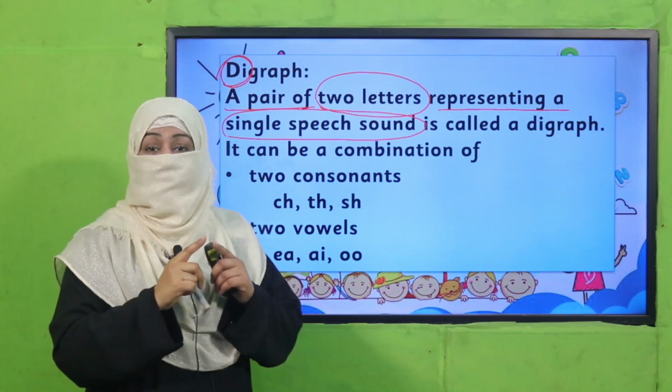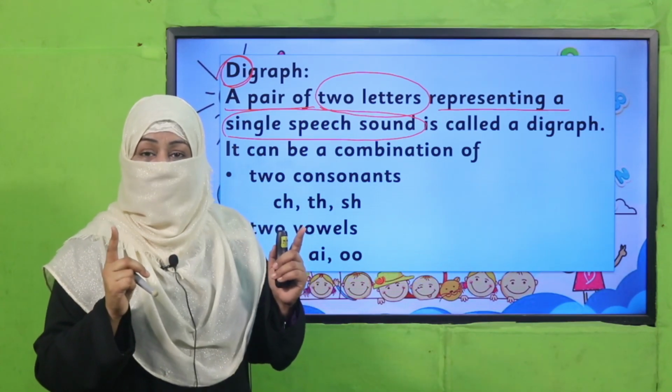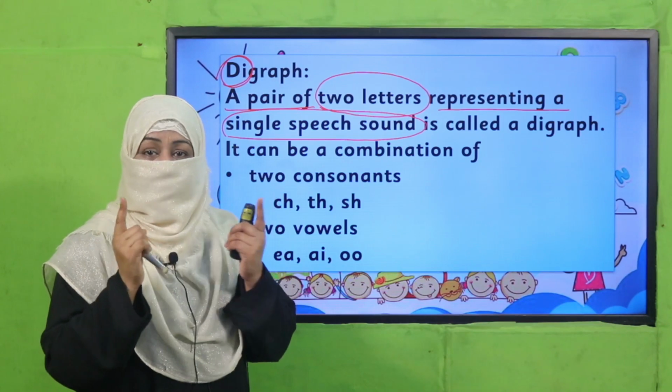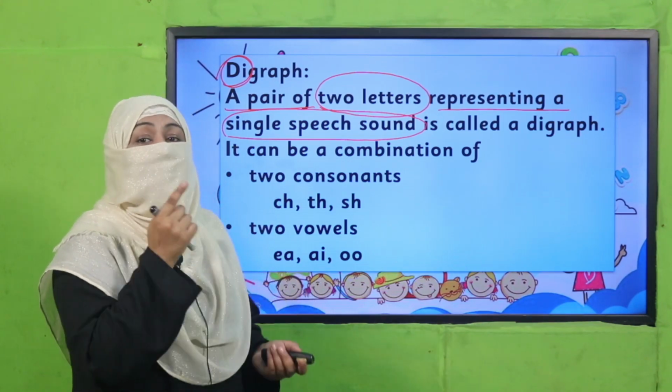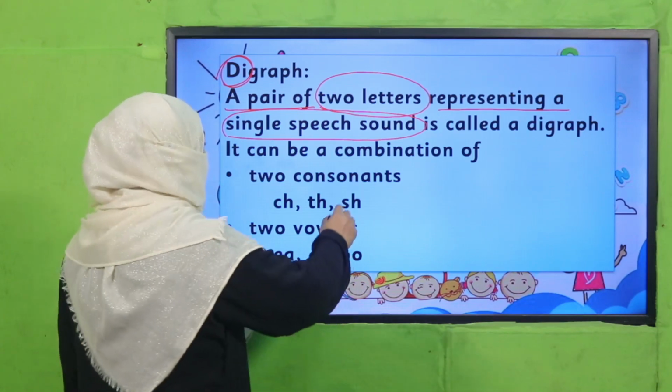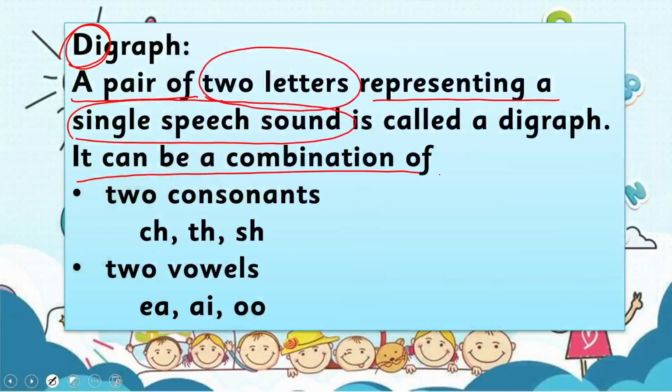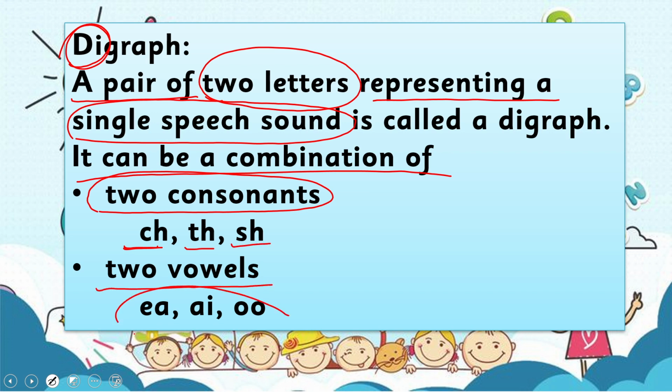Actually, two letters have their own sounds. But in a digraph, two letters are joined together and they make a new sound, right? And that is called a digraph. And it can be a combination of two consonants. Both letters can be consonants as CH, TH, SH. And both letters can be vowels.